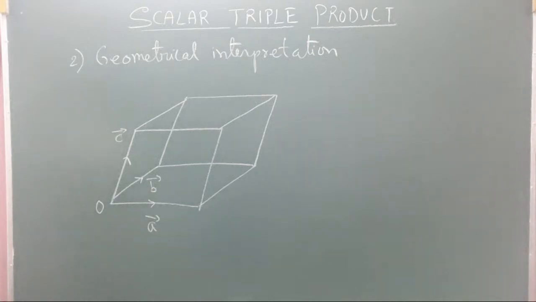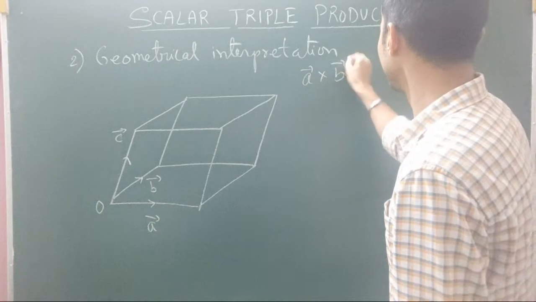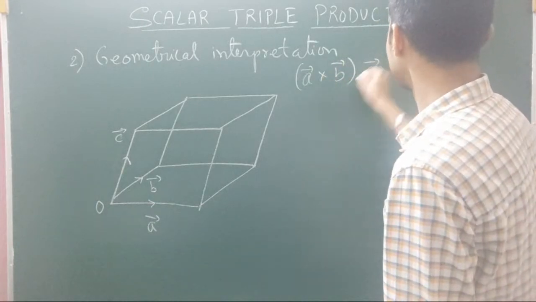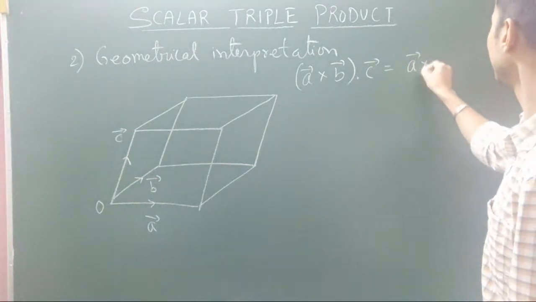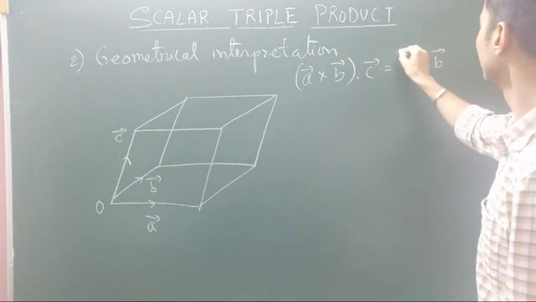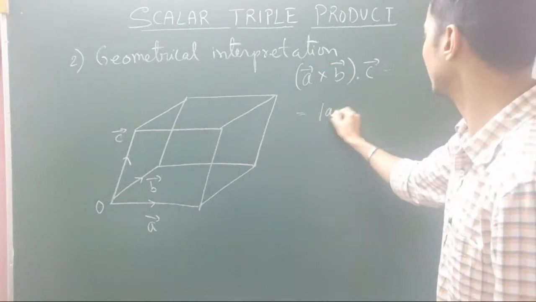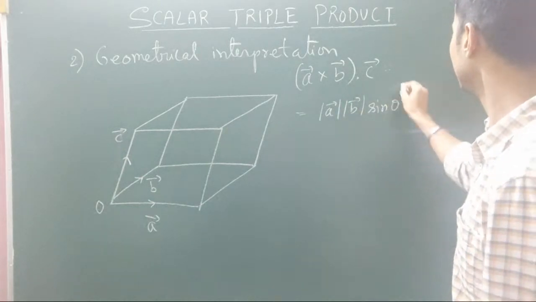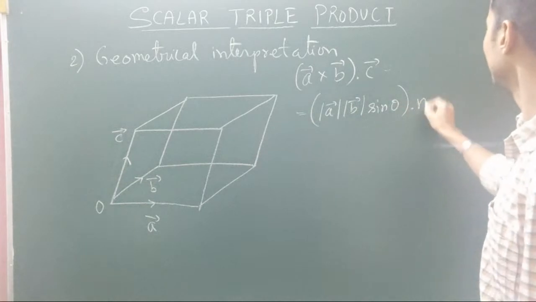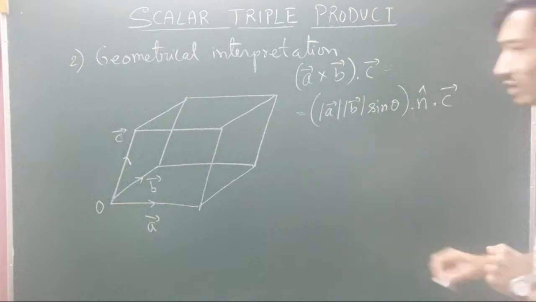We're just trying to derive or prove or verify. So now, scalar triple product is what? A cross B, dot C. So what is it? That is A cross B, so that's like A B sine theta into n cap, dot C. That's what we get from the vector cross product.